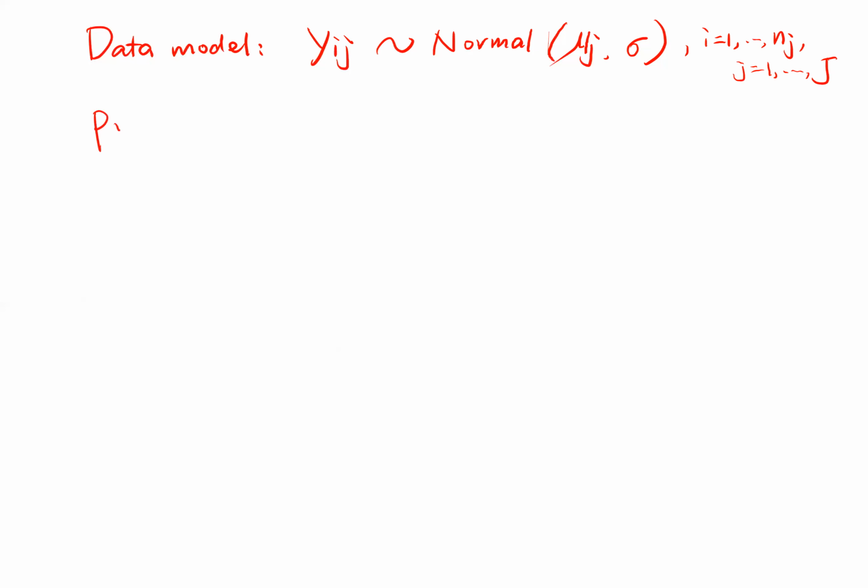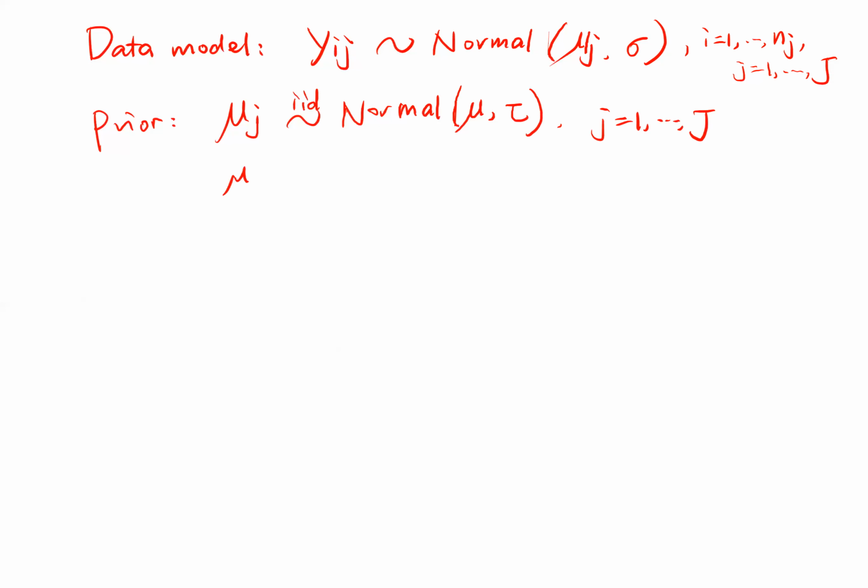And for the prior, I'm going to use the prior that we covered. The first stage is mu j is IID normal of mu and tau, and it's good to keep the index right: j is 1 to capital J. Then the second stage is mu is normal of mu 0 and gamma 0.